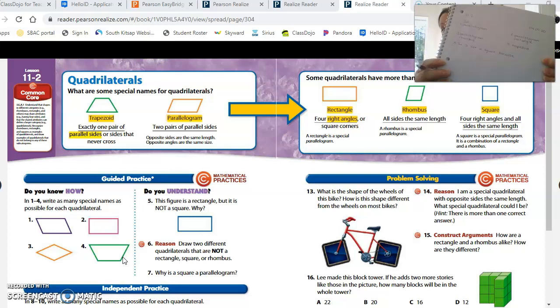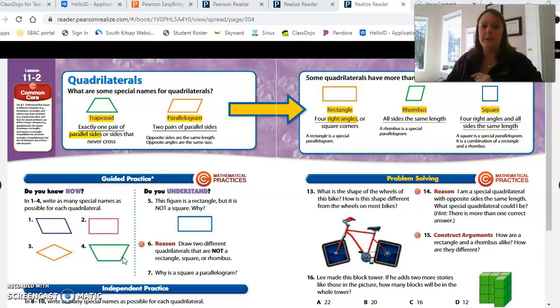It is not a square because. Please make sure that you have a complete sentence. It's not a square because not all of its sides are the same length. Yeah, it has to have all equal sides in order to be a square.